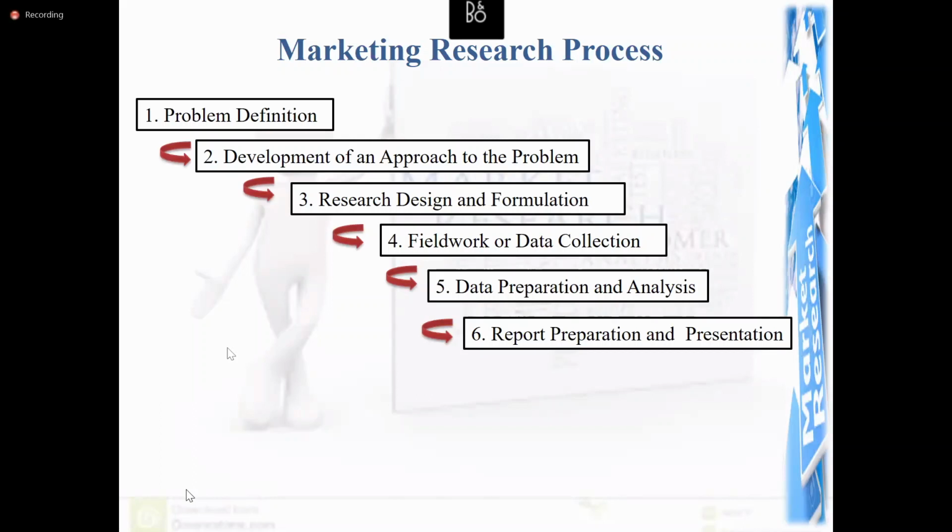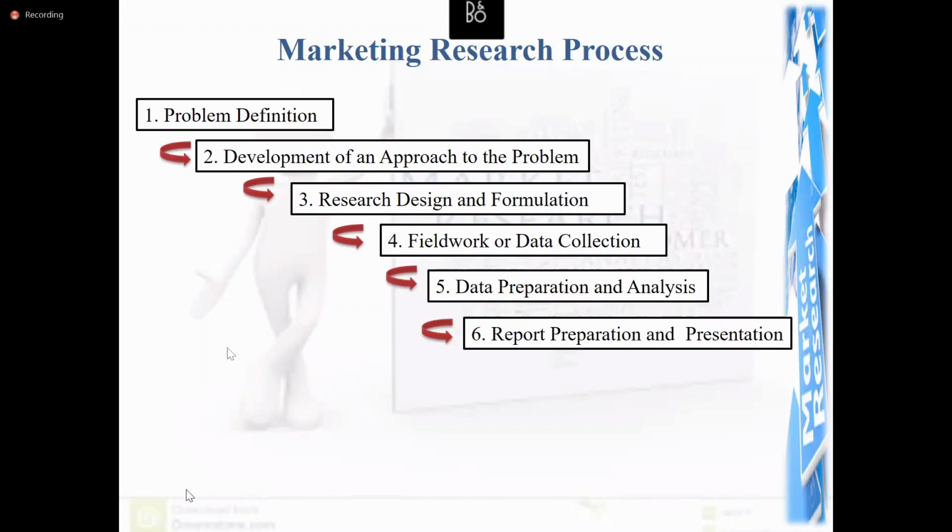And then, once we have set aside the blueprint of how to conduct the research, we get into the field work, and the data is collected. Once the data has been obtained, we prepare the data, because we have to code it, find out the missing values, and make some rectification.